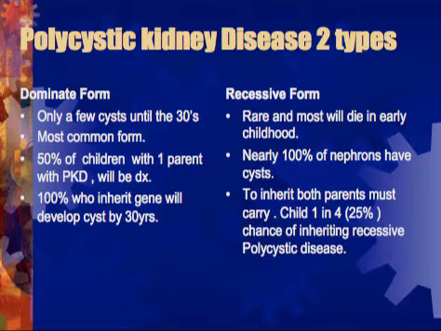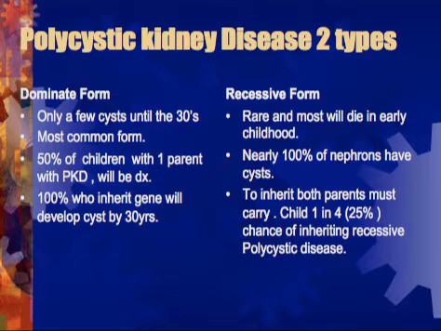And in this dominant form, the adult form, about 50% of those with the adult form of polycystic will develop kidney failure by 50 to 60 years of age. That's why it is so important to identify it and manage it with medications and treatment.